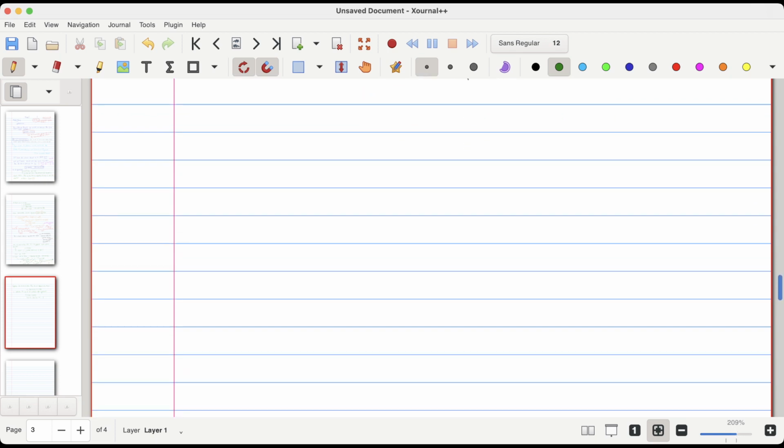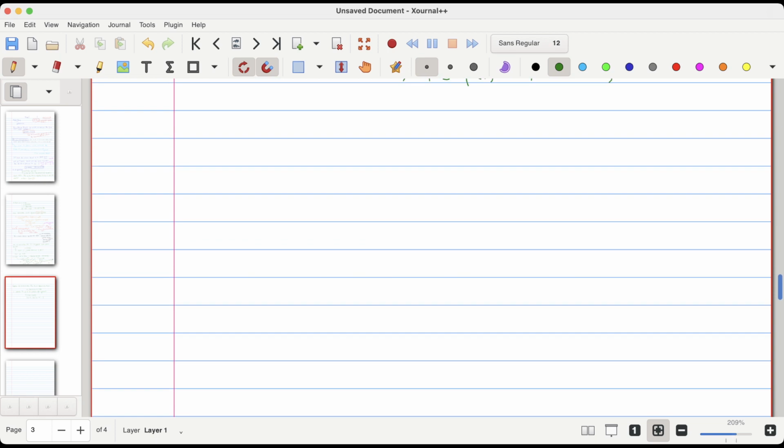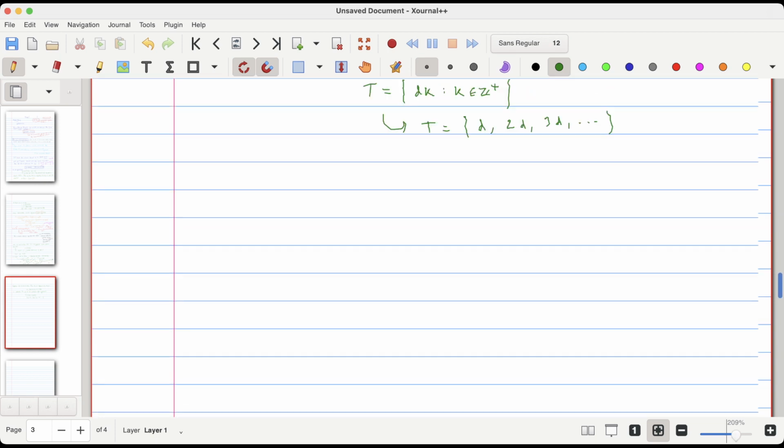We have far easier and relatively more intuitive things to work on. So now is the part of our proof. P was the set AU plus BV, which is positive, such that U, V are integers.